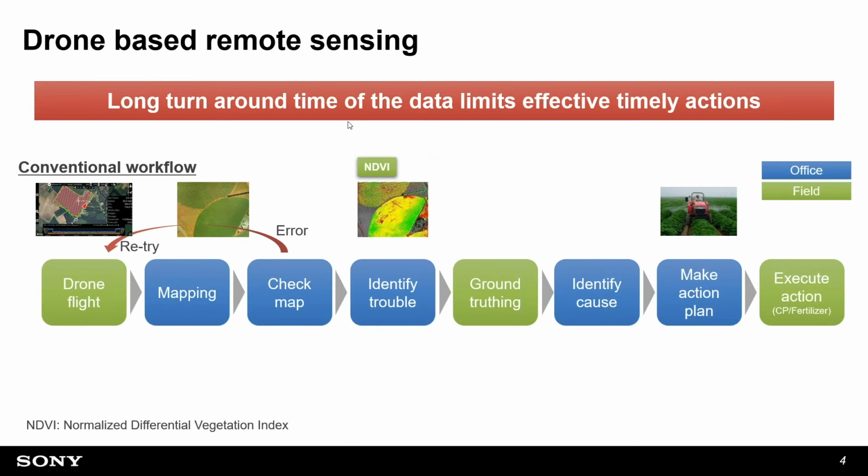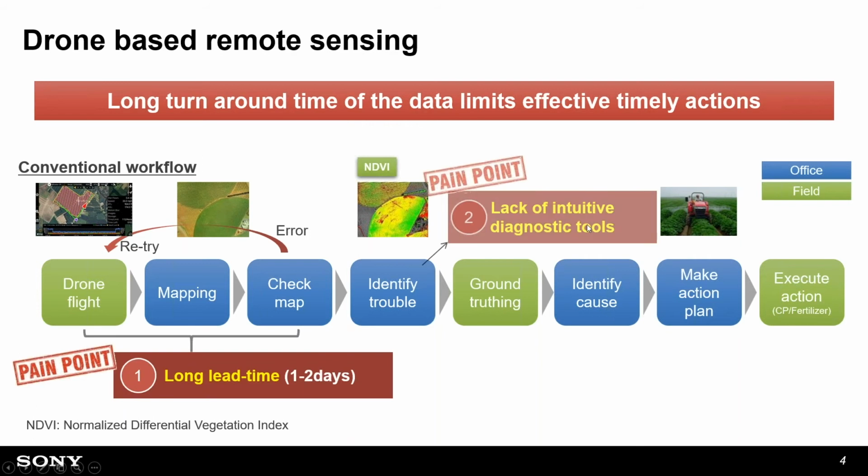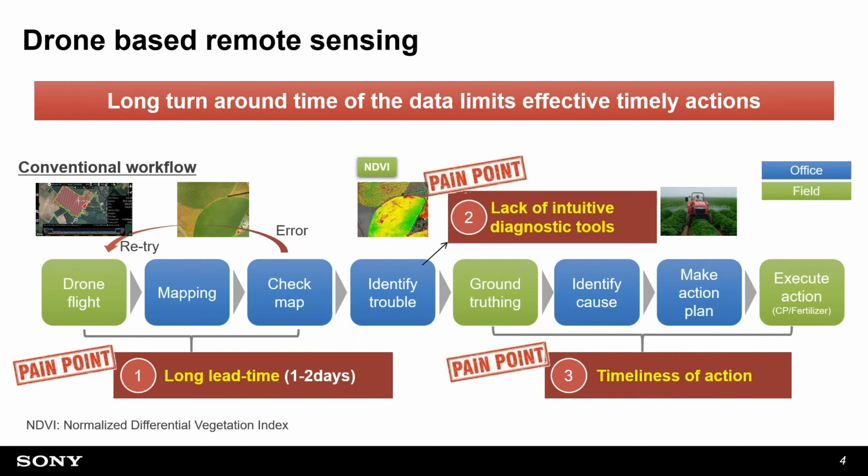Okay, let's continue. Today's solution introduction is all about drone-based remote sensing solutions. We hear from the people who use drones, and who are thinking of using drones and hesitating: what's the pain point of this solution operation?